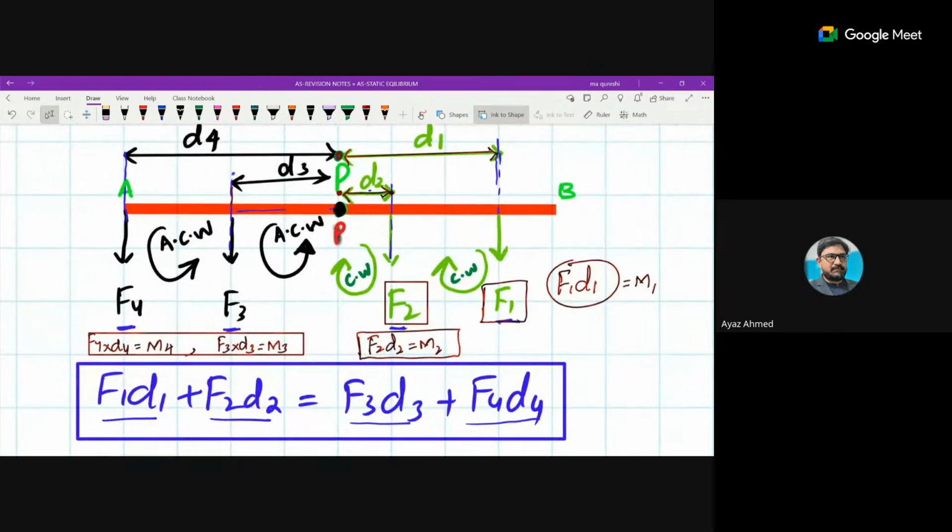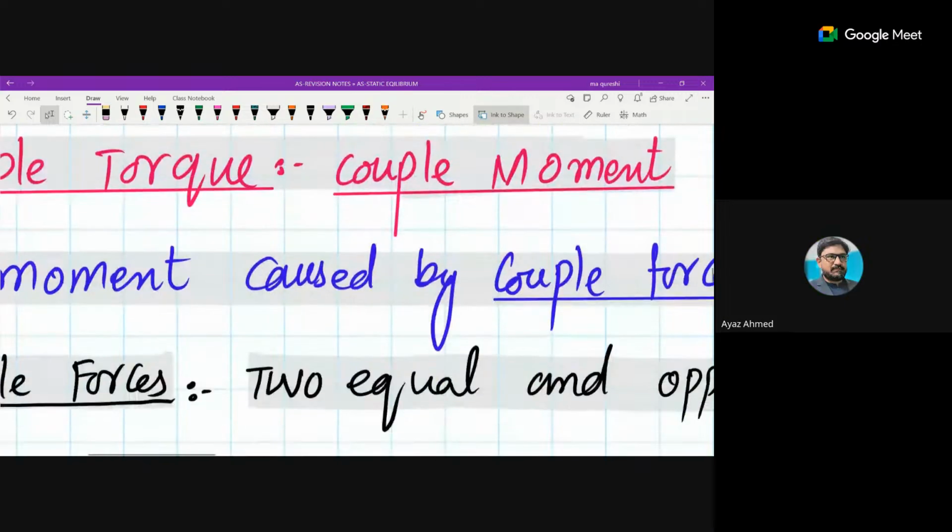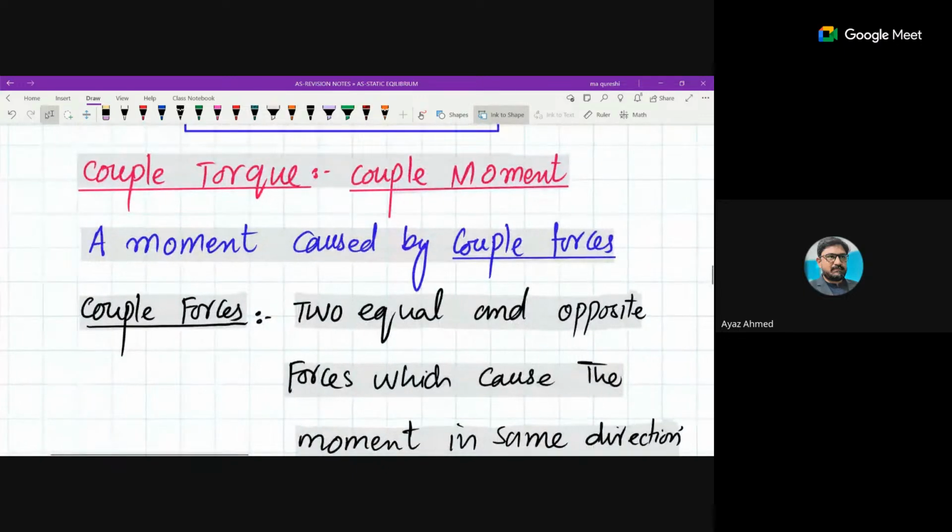Is this diagram clear to you? Yes, it is. Okay. Now, actually, the questions are not that easy compared to what I have explained normally.